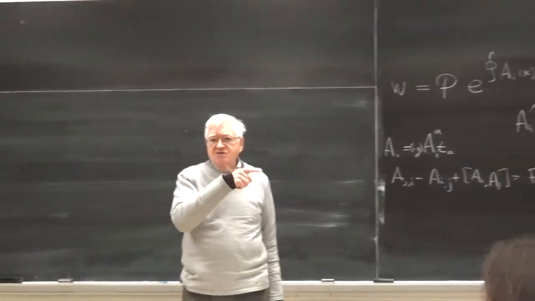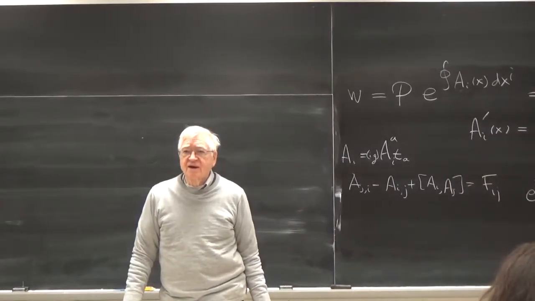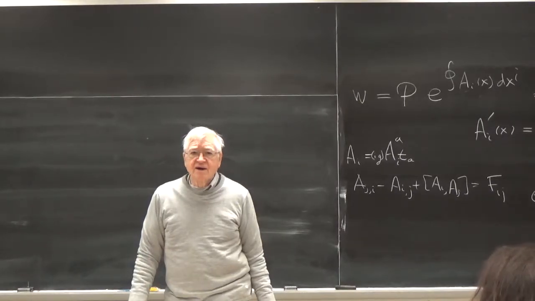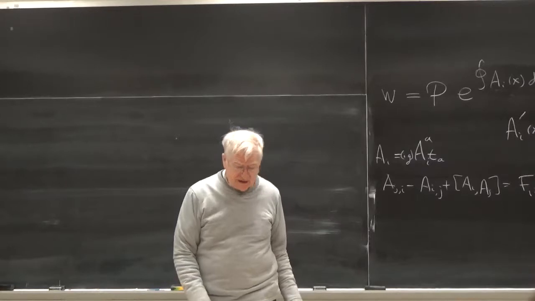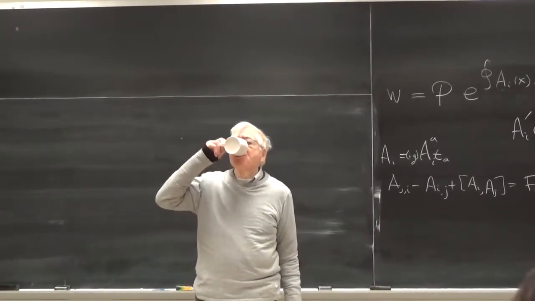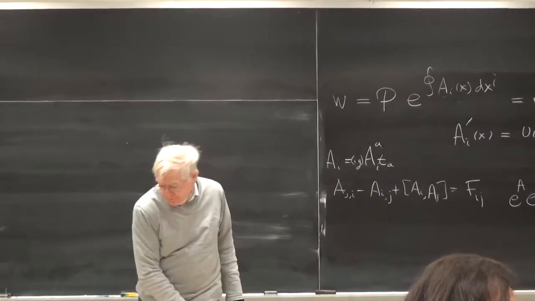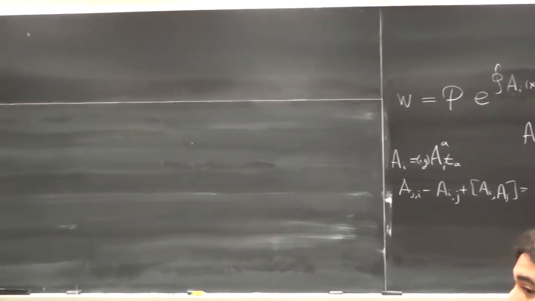Does anybody have any question though about the lattice gauge theory? Okay, so I guess one little question. I don't see why this Wilson loop is invariant for a general gauge theory.